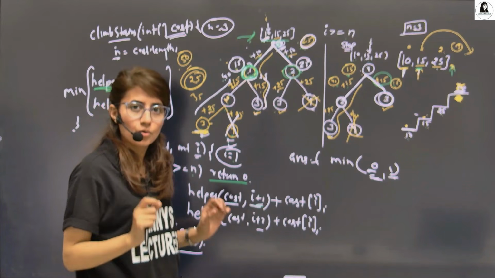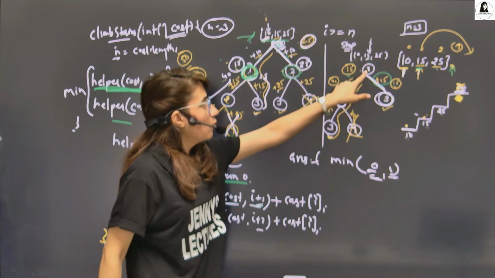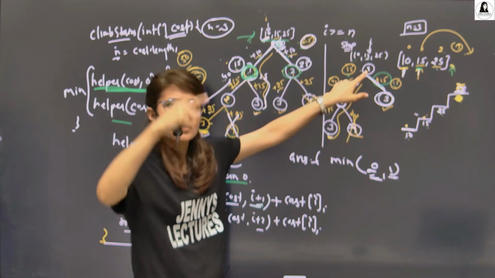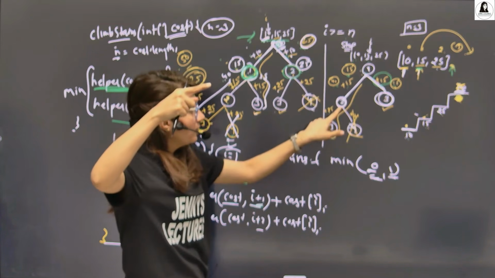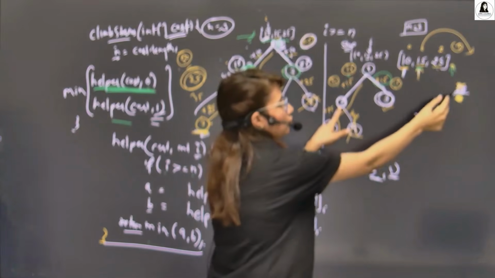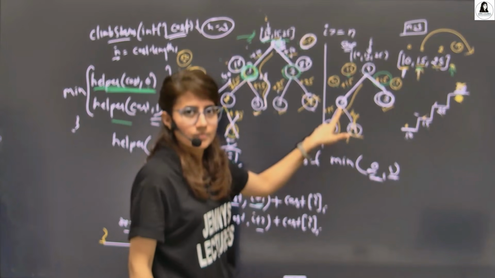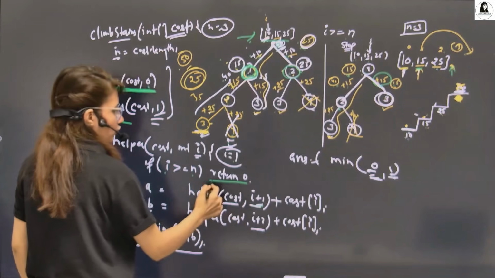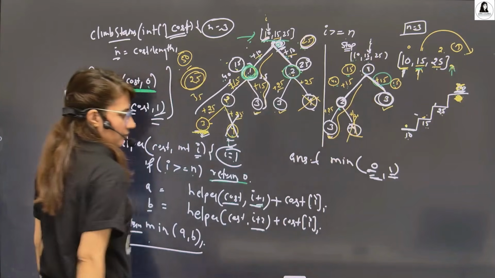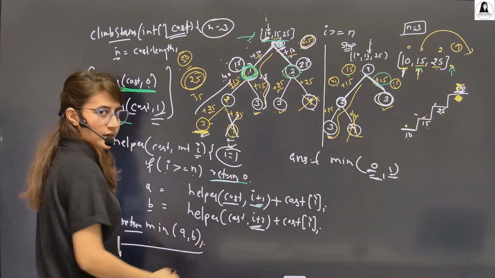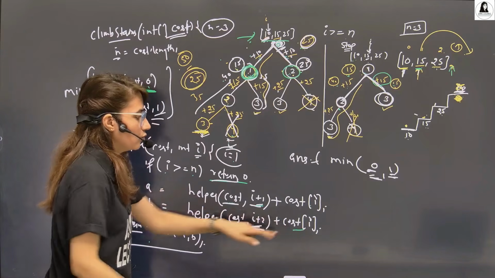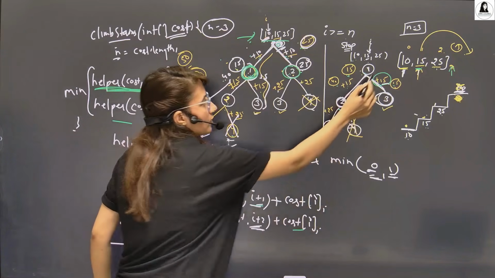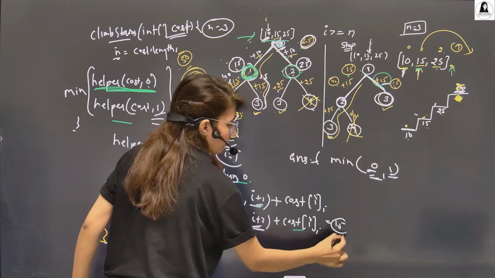You will get the minimum cost from 1 to the top only when you have the minimum cost from 2 and from 3. So just calculate on this also. This will be 3, so it will simply return 0. For I plus 2, right now it will return 0. 0 plus this cost, 15. So this will give me 15.